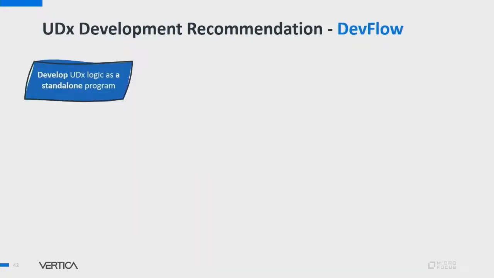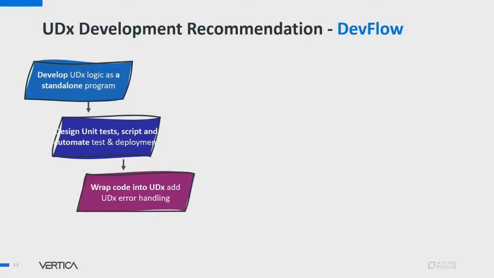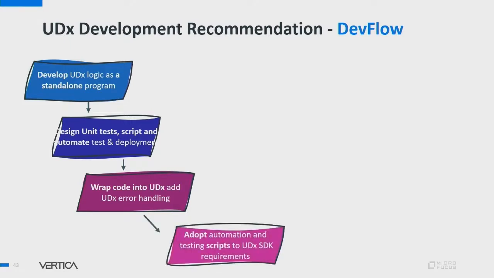Let me quickly tell you how we see the development flow. So first of all, develop your UDX logic as a standalone program. Focus on the algorithm first, then design all the necessary unit tests, scripts, and automate the test and deployment process. Next step is to wrap the code you created into a UDX and add the necessary UDX error handling that is required by Vertica.